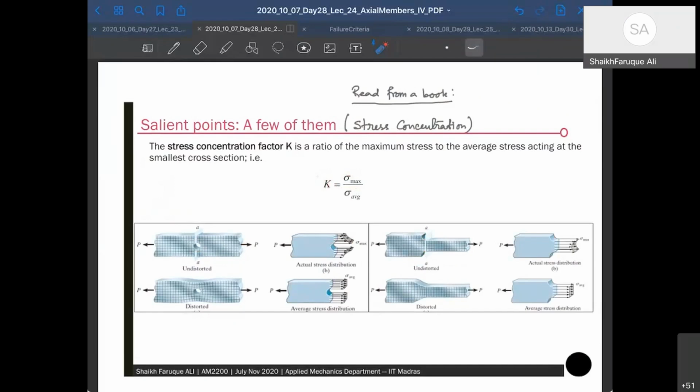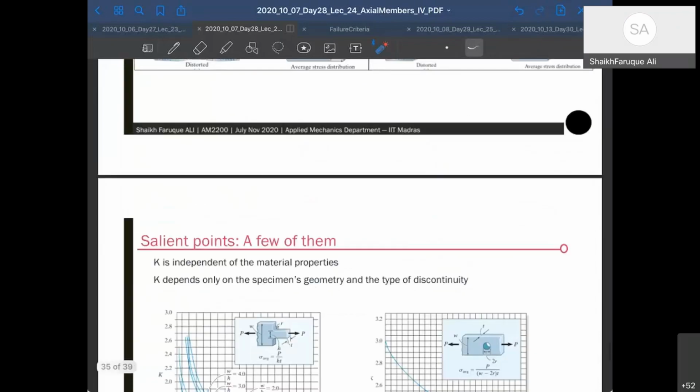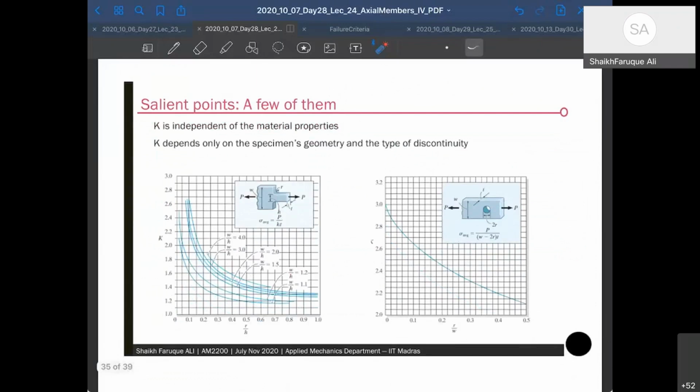So stress concentration is a geometrical property. It's not a material property, right? So it is independent of material. Whatever material you have, your stress concentration factor is not going to change. Therefore, stress concentration factor is independent of material properties and depends only on the specimen geometry or type of discontinuity. Okay, let's look at this figure.